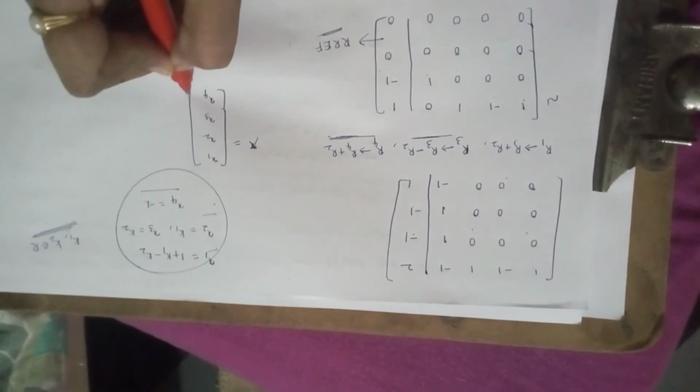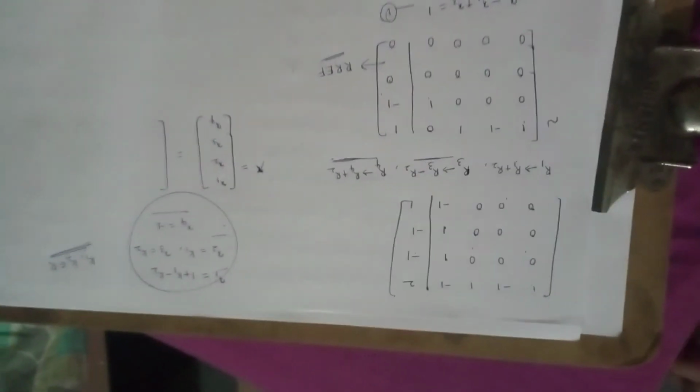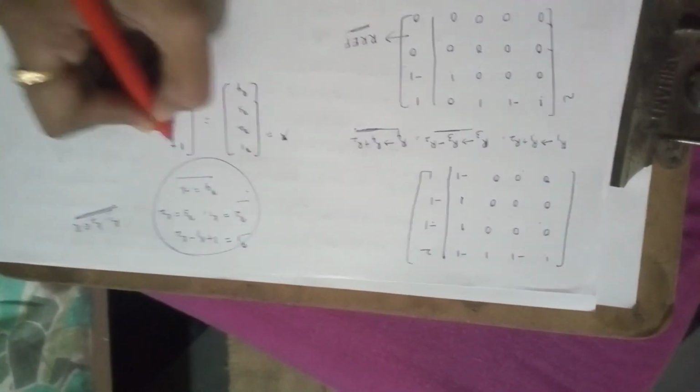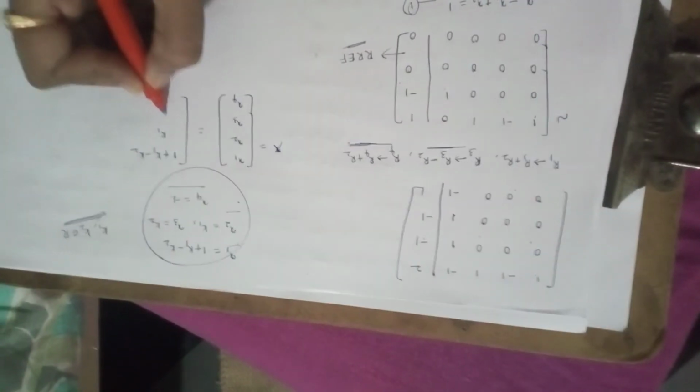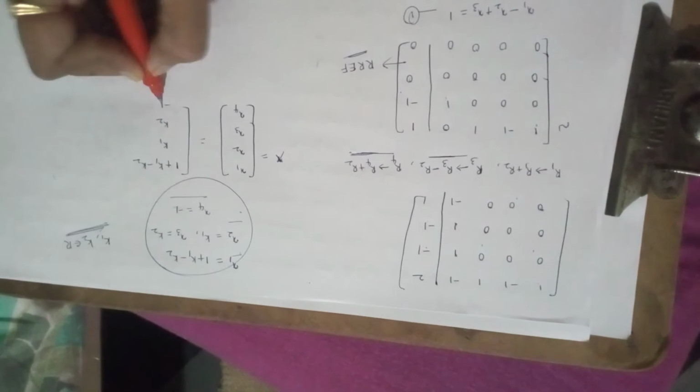So that is equal to: the x1 value is 1 plus k1 minus k2, and next k1, the x3 value is k2, and the x4 value is minus 1.